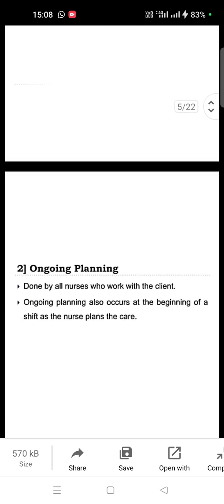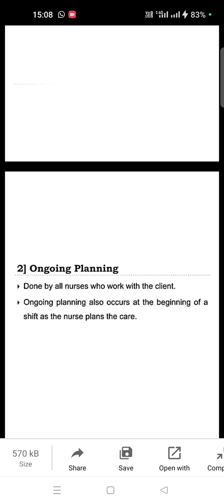Ongoing process means if you are giving an injection, or if the afternoon dose or night dose has any changes, you can explain it. Otherwise, after 6 hours of post-operative surgery, there may be other information to give, and that is for the ongoing process. All the nurses who work with the client do this.